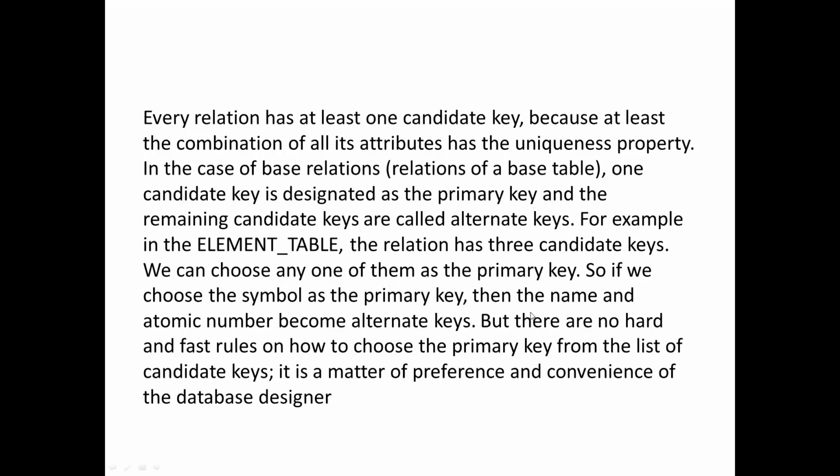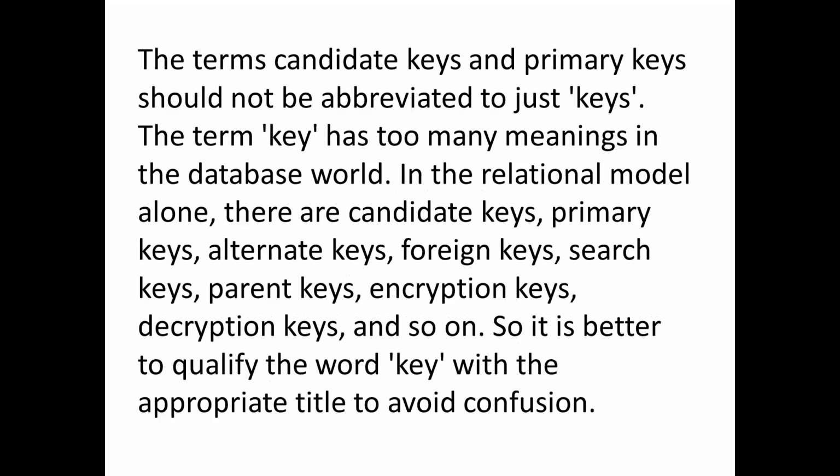These are just the explanations of primary key and alternate key. The terms candidate key and primary key should not be abbreviated to just keys. We should not simply say keys for a particular table. You should write the complete words.